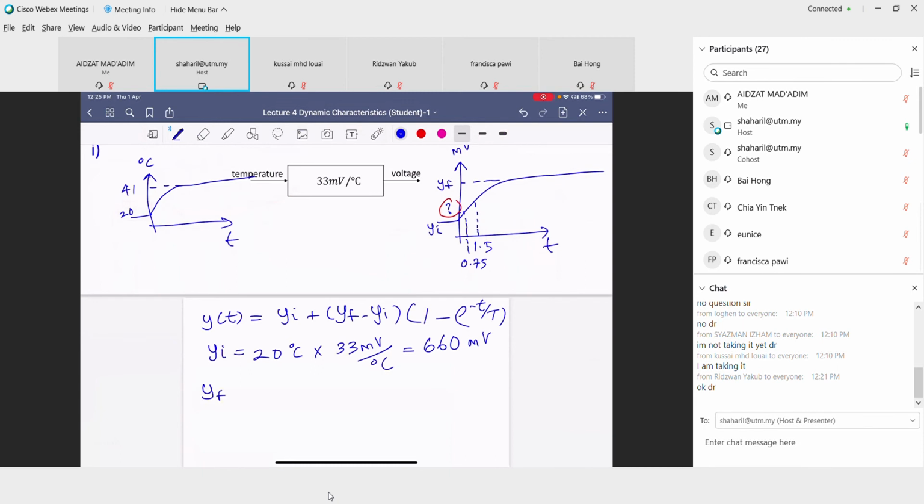Then for the final, 41 degrees times 33 millivolt per degree, you get 1353 millivolt.